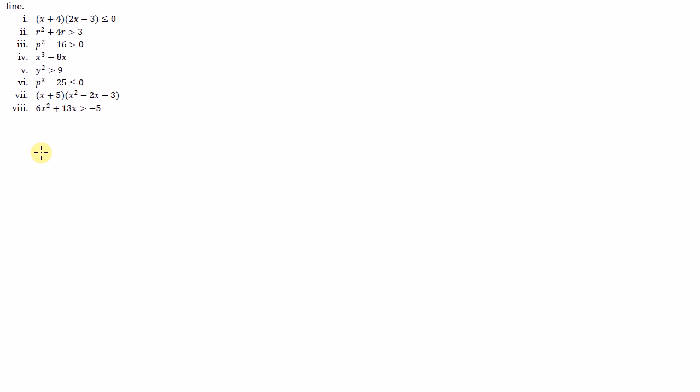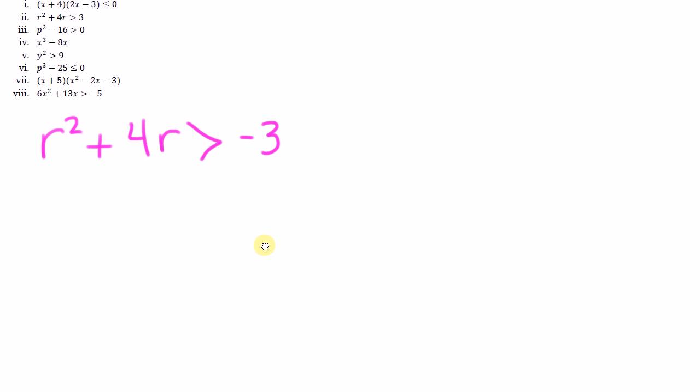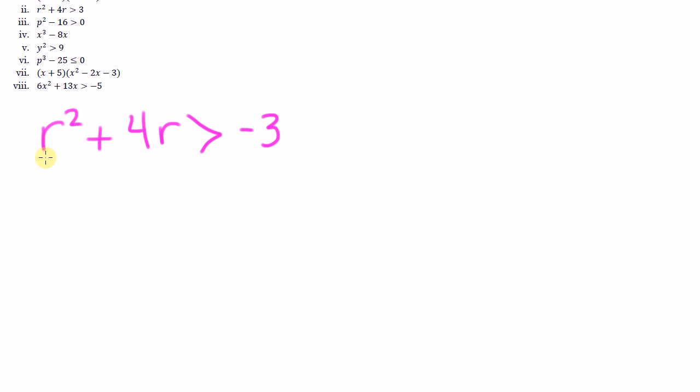Alright, so now what we're going to do is look at the other version real quick. And this is more than likely the type of problem that's going to be on the test. So this is r squared plus 4r is greater than negative 3. We're going to take it and set it equal to 0. So this will be a plus 3.